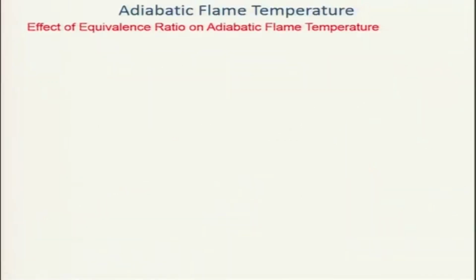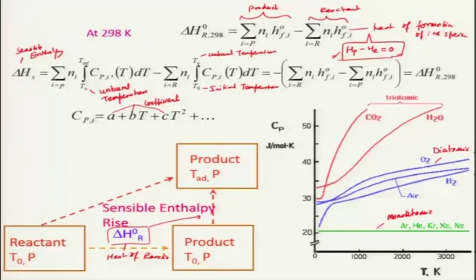Let us look at how you can do that, and before doing that I must tell you it is very important that we need to know these products. For example, reactants of course we will know, but the products we should know beforehand, and the product need not be just carbon dioxide and water for hydrocarbon and oxygen.